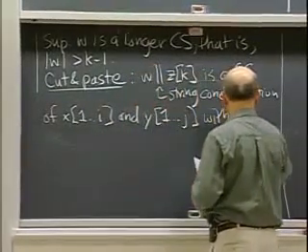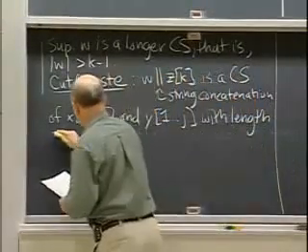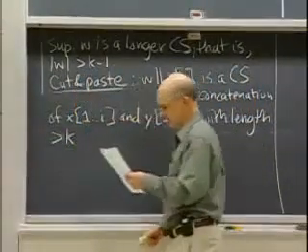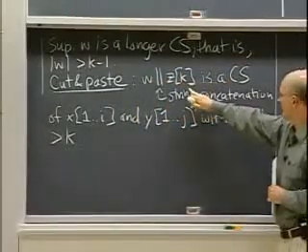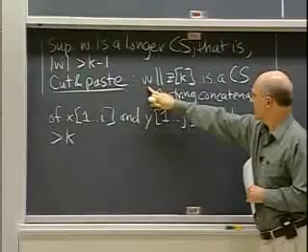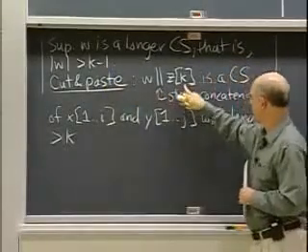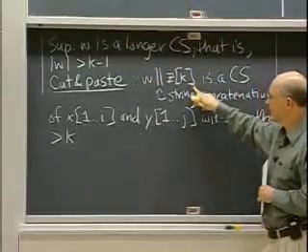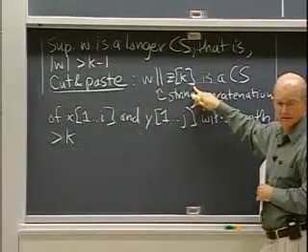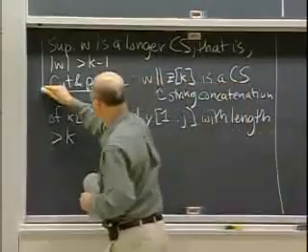And what is its length? The length of W is bigger than k minus 1, I add one character, so this combination now has length bigger than k. And that's a contradiction.